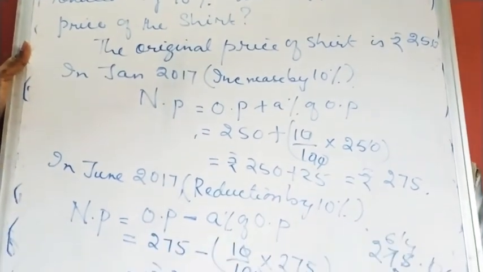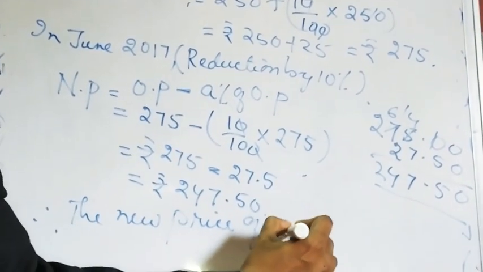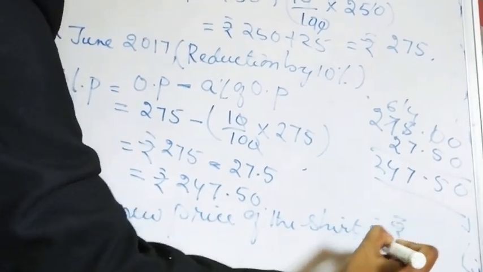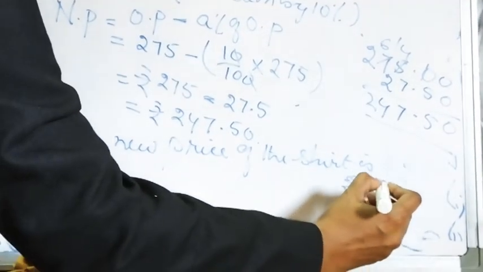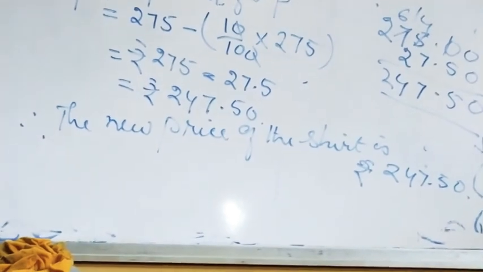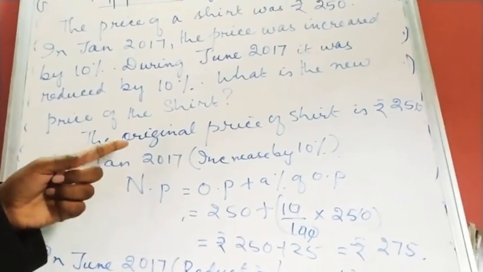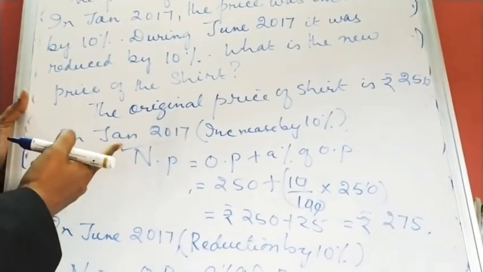Therefore, the new price of the shirt is rupees 247.50 paisa. So in this kind of question, where there is a reduction or increase in the price, we use this step and this method.